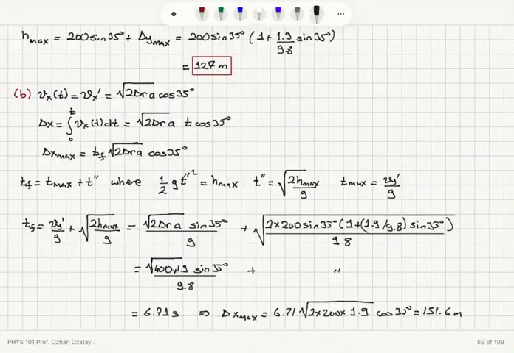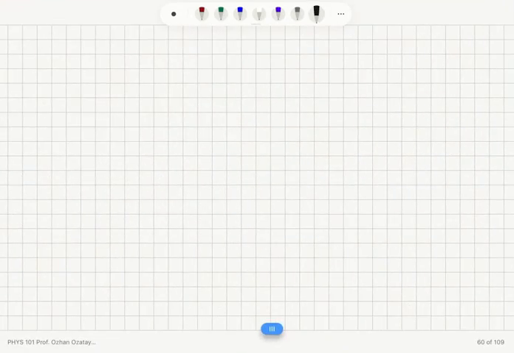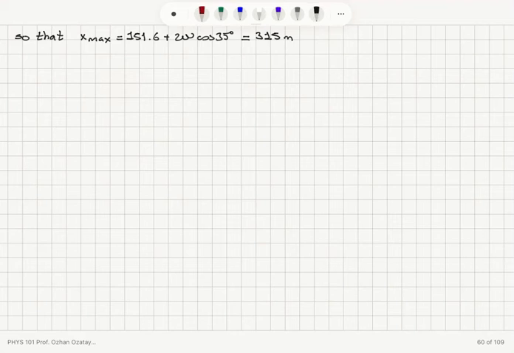So that's 200 cosine 35. So I will find that as the final answer, the range beyond point A will be 151.6 meters plus 200 cosine 35, and the answer will be, to three significant figures, 315 meters.